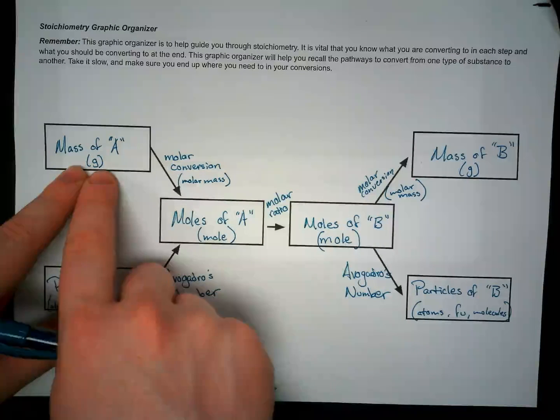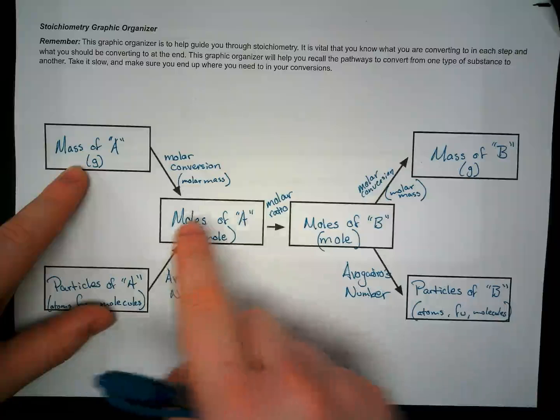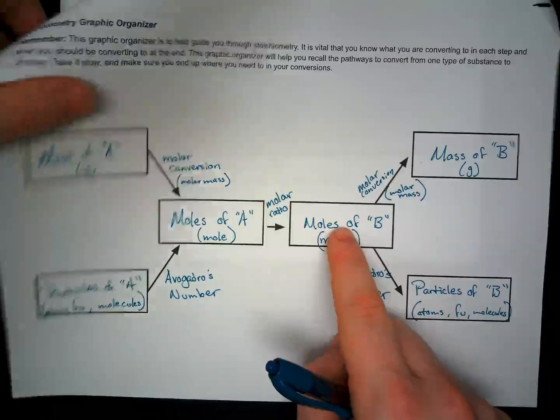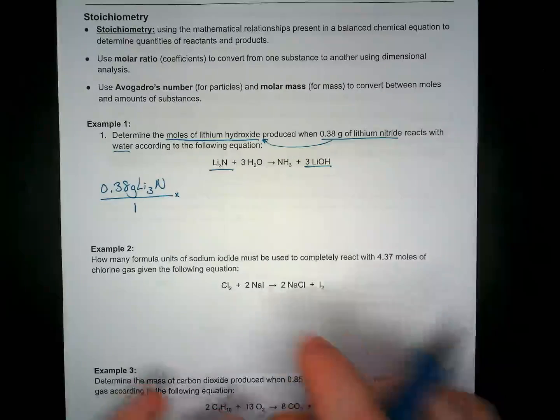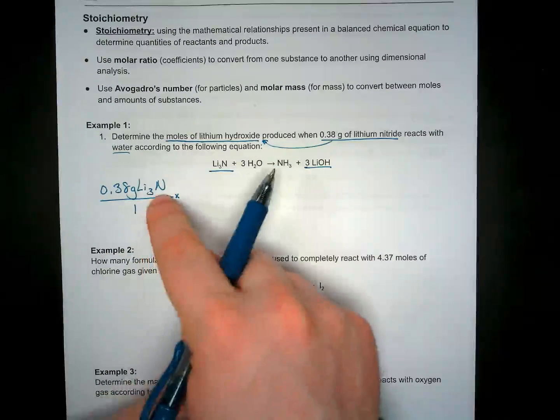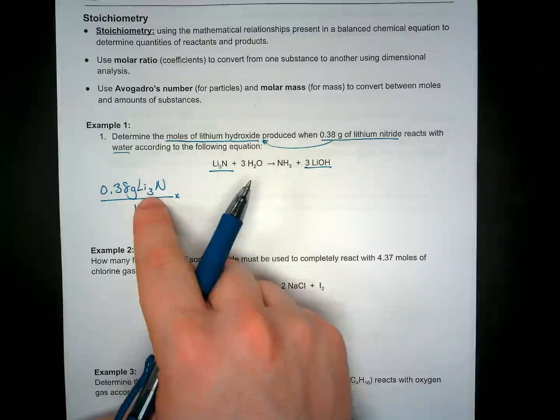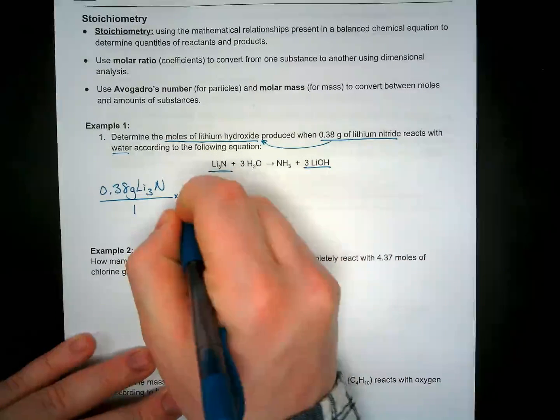So we've got to go from here to here, here to here, and that's how we get our answer for number 1. First I go from mass of A, which is lithium nitride, to moles of lithium nitride.